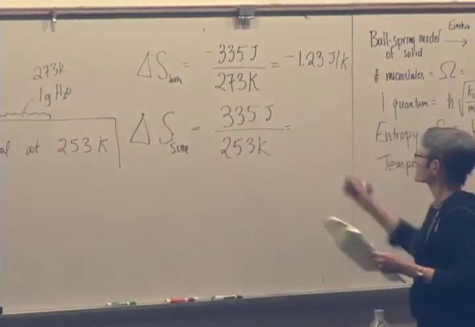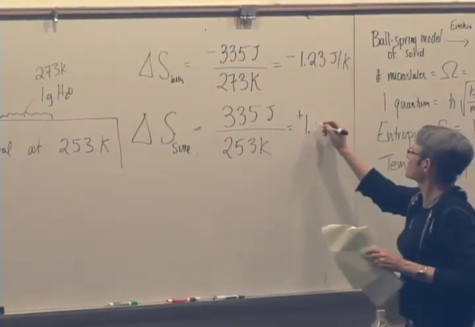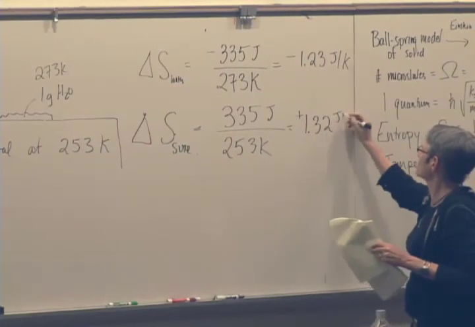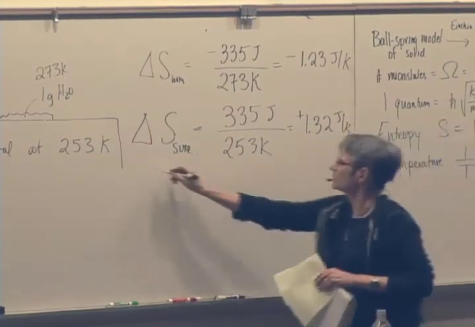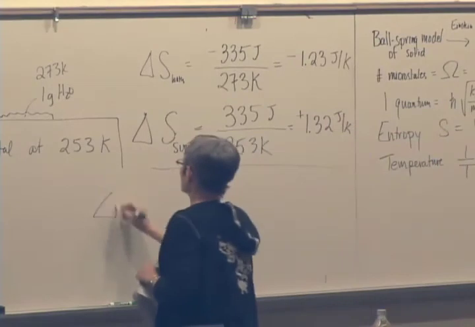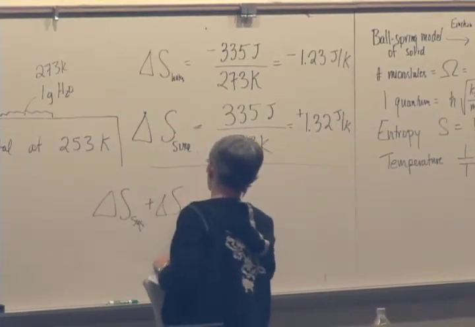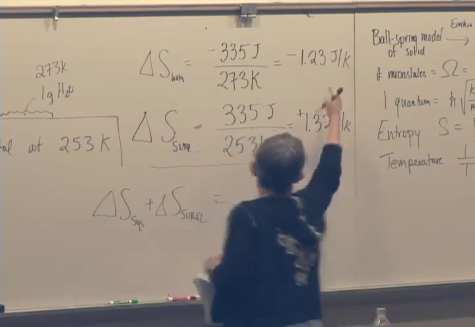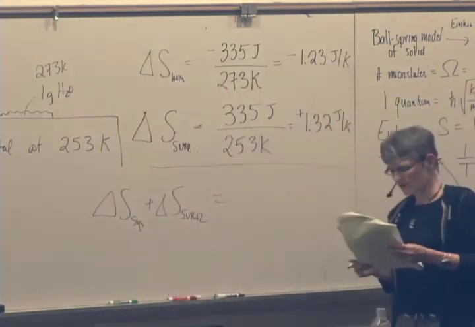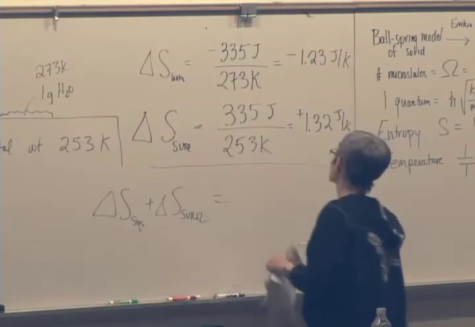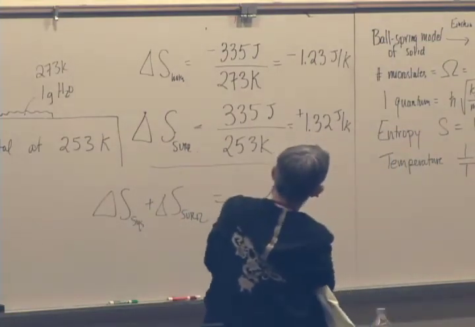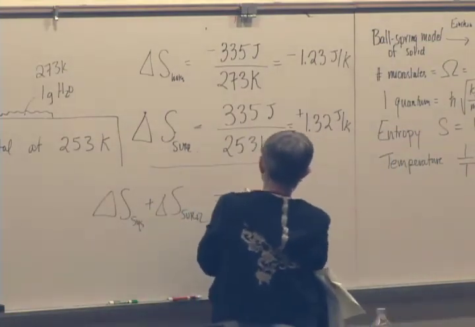So that comes out to a plus 1.32 joules per Kelvin. And so if we add it up, it looks like we're still going to get a positive number. And it comes out to plus 0.09.